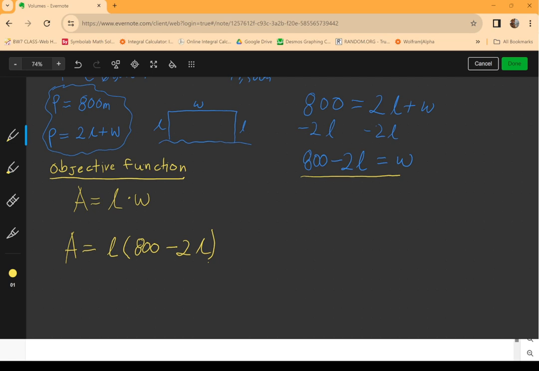Okay, so now notice here, I have my objective function in terms of one variable. So now my goal is to find where this function obtains its max value.